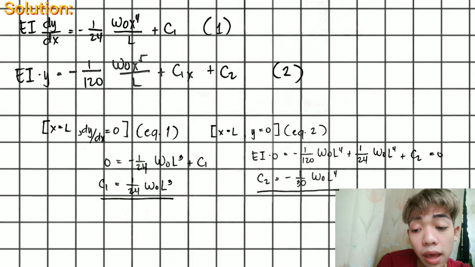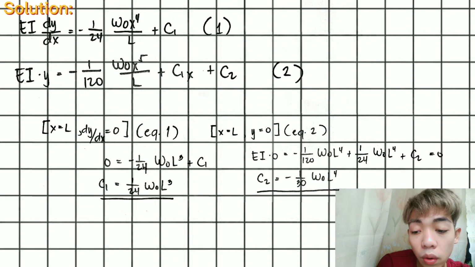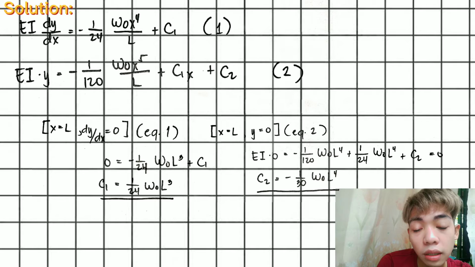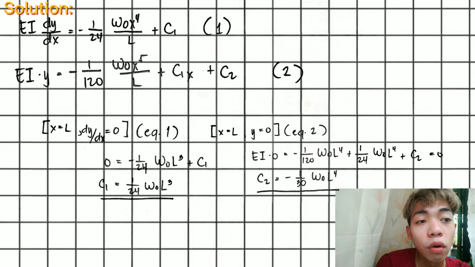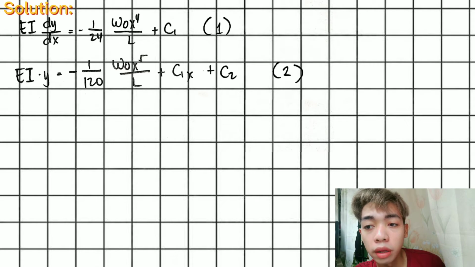Next, at x equals L and y equals 0, I substitute it into the second equation, and we get C2, which is negative 1 over 30 W0 L to the power of 4. Then put C1 and C2 into equations 1 and 2.